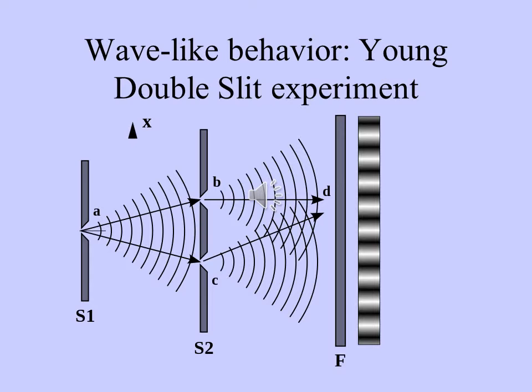From each of the openings another wave comes out as if a pebble hit B and C, and when those waves come together, when crest meets crest, you'll see a bright spot, and where crest meets a trough you will see a dark spot. This interference pattern was the first support for the idea that light sometimes behaves as if it was a wave.